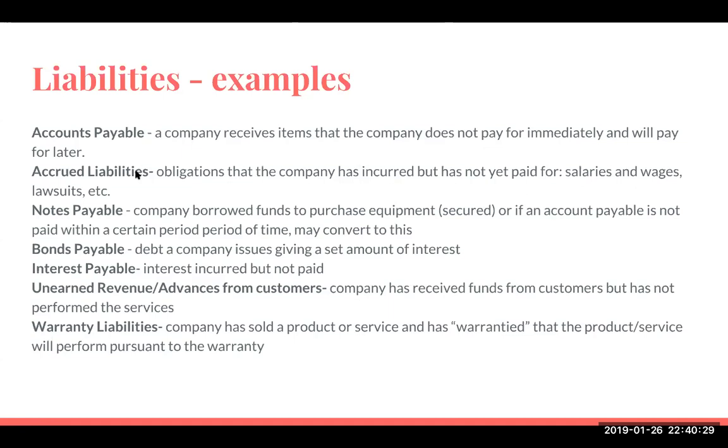The accrued liabilities could be something like accrued compensation, accrued bonuses, it could be a lawsuit. If I've had an obligation that I need to pay, but I have not yet paid for it, it doesn't fall under the payable side, it's more than likely going to be an accrued liability.